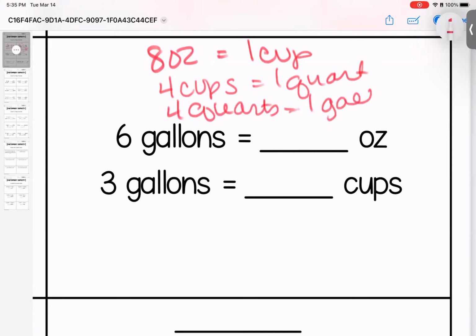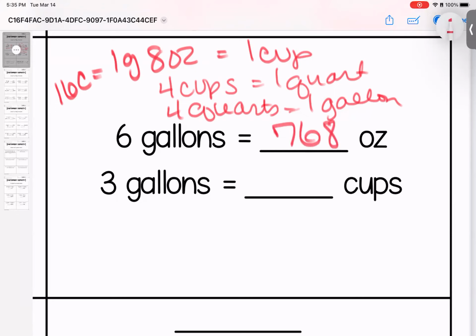So we had to do some math magic. If there's 4 cups in a quart and 4 quarts in a gallon, that means that there are 16 cups in 1 gallon. If I take that 16 and I multiply it by 8, I'm going to end up with 768 ounces.